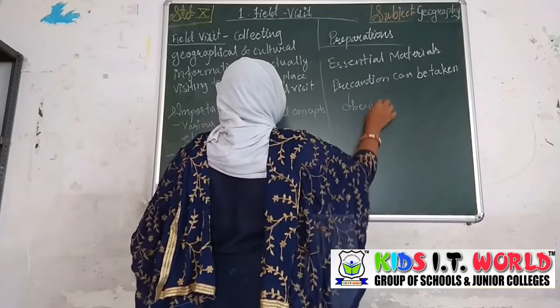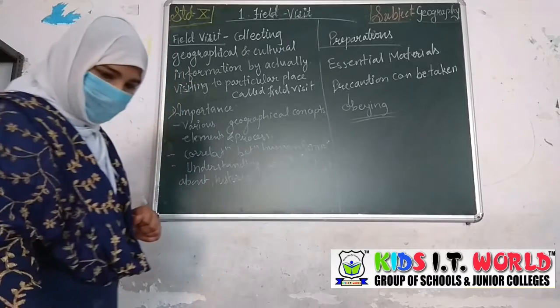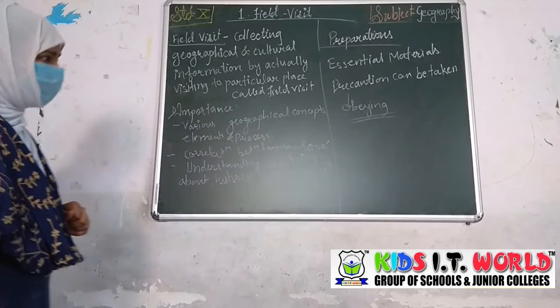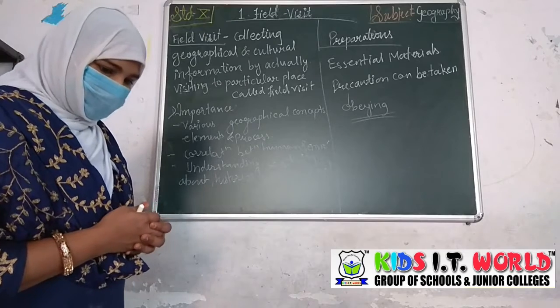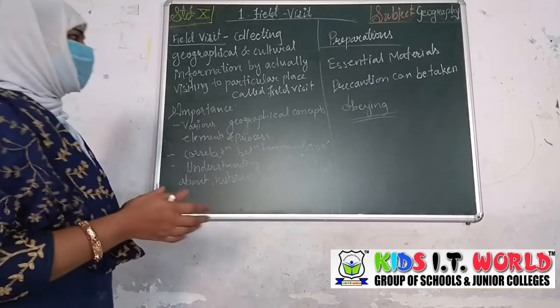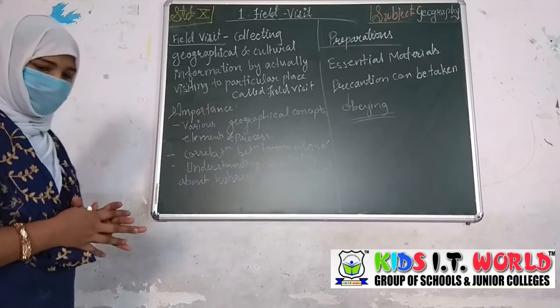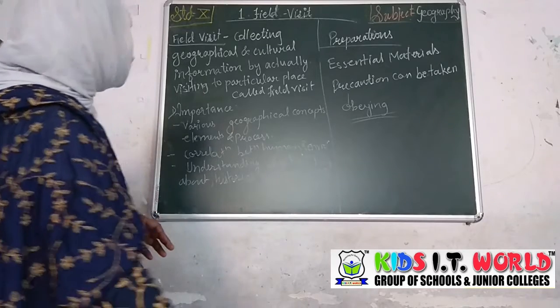Very important. Second, while visiting the place, you should collect the relevant information, not information about anything else. Then ensuring that one does not harm the environment. Without disturbing the environment, you have to visit the place. Here is the small summary I have given you about the field visit.